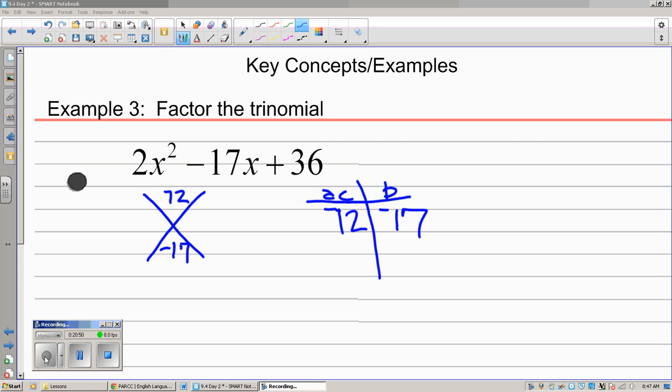So I figured out the factors of 72 that would also add together to make negative 17. And I came up with negative 9 and negative 8.